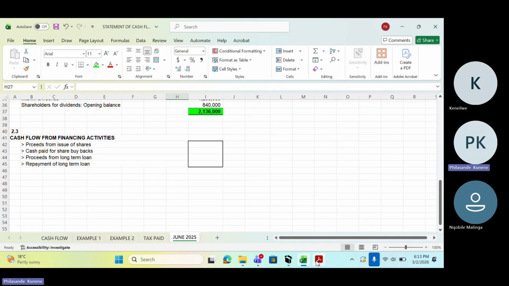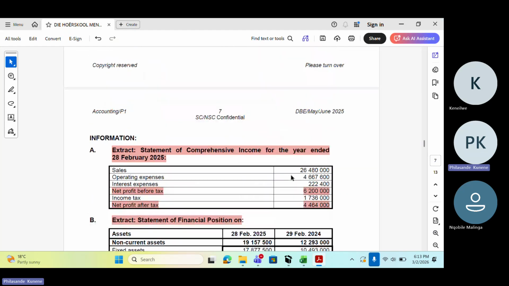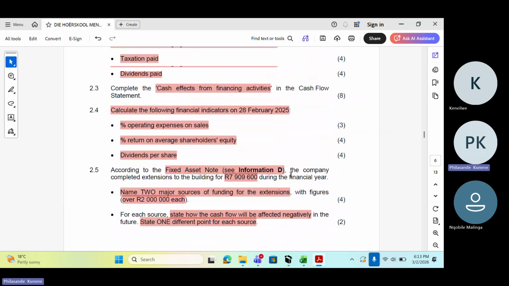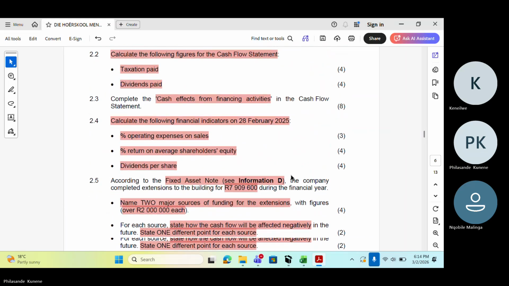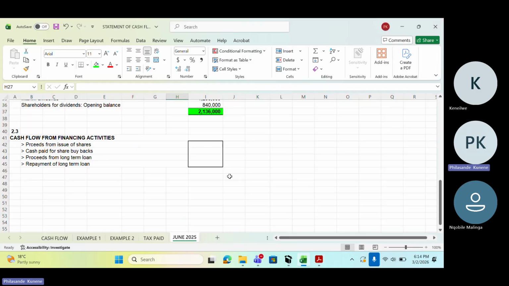Now, 2.3. This is what we're going to do again, guys. Complete the cash effect from financing activities in the cash flow statement. We need to deal with the cash flow from financing activities, and this is the format that we have been using before.